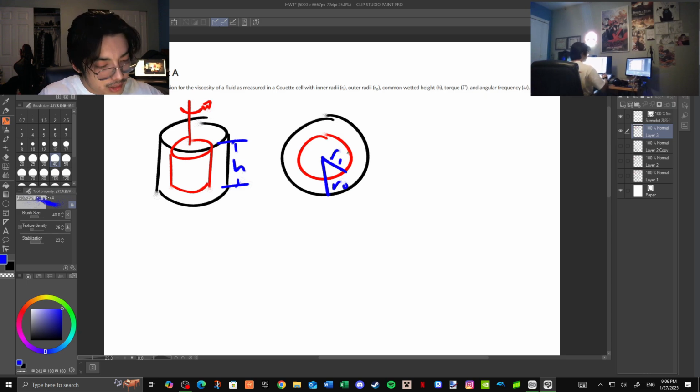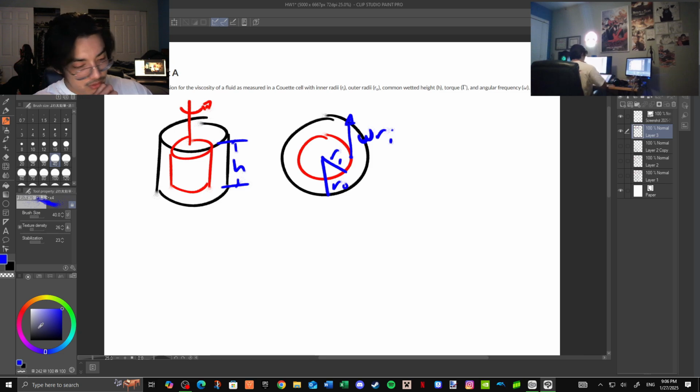And the way we can do that, we can take tangential velocity on any point of the inner cylinder, but that equals v. So we're going to need to use an expression with angular frequency, rearrange that, and when we do that, we get omega times inner radius.